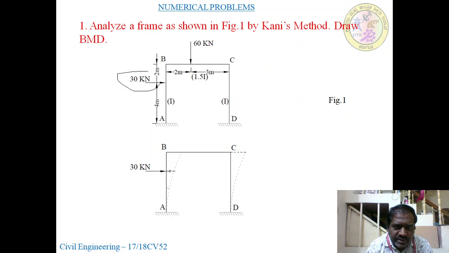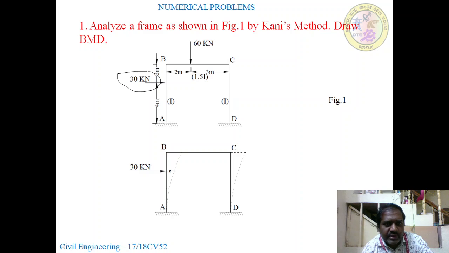Effect of horizontal force: there will be a deflection here. It will affect the vertical members AB as well as CD, while you have a horizontal force.